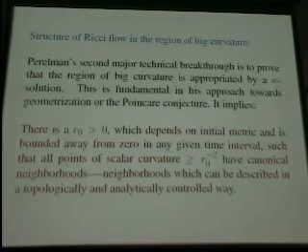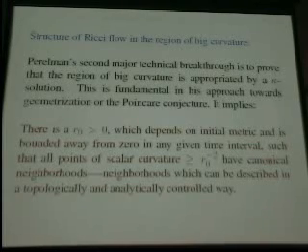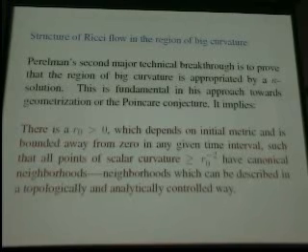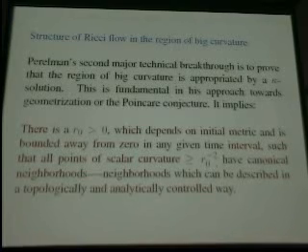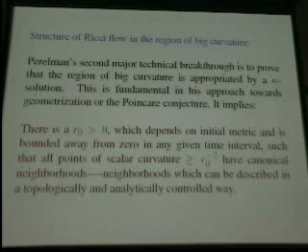So it particularly implies there is an R0, which depends on the initial metric, bounded away from 0 in any given finite time interval, such that all the points where the curvature is bigger than or equal to this constant from below, this is always in a scale invariant way, have a canonical neighborhood.